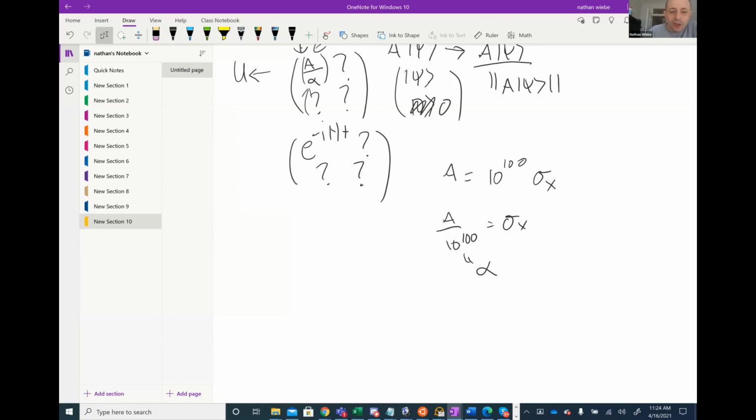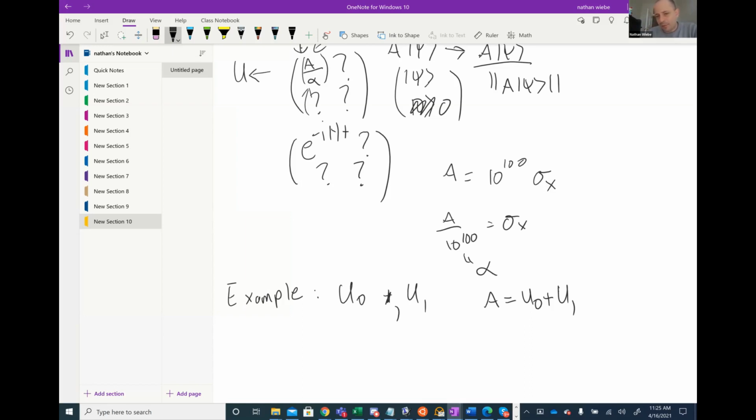And let's assume that what we have is 2 unitaries. We've got a U0 and U1. And what we want to implement is A is equal to U0 plus U1. All right.